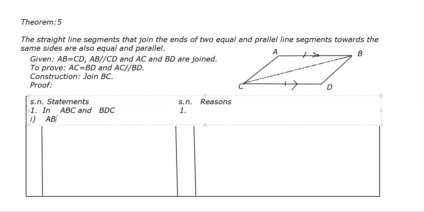AB and CD are given equal. This is side. Its reason is given. Now, since these two lines are parallel, angle ABC and angle BCD are equal.